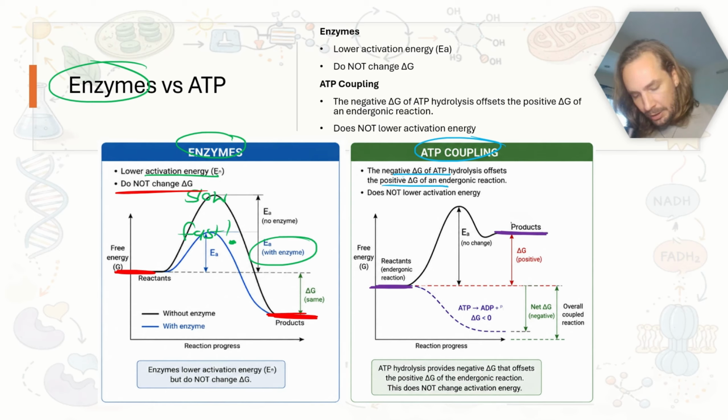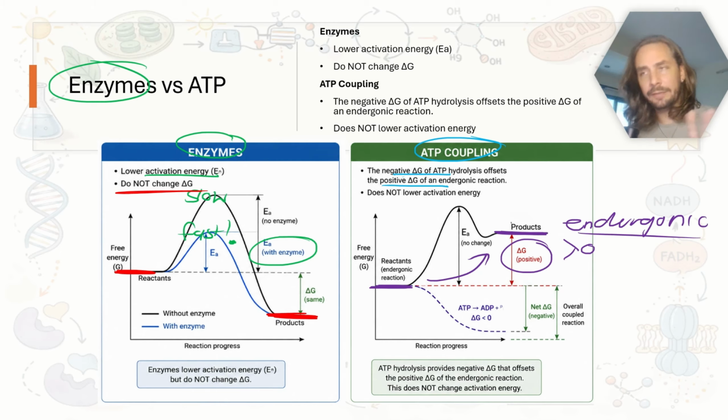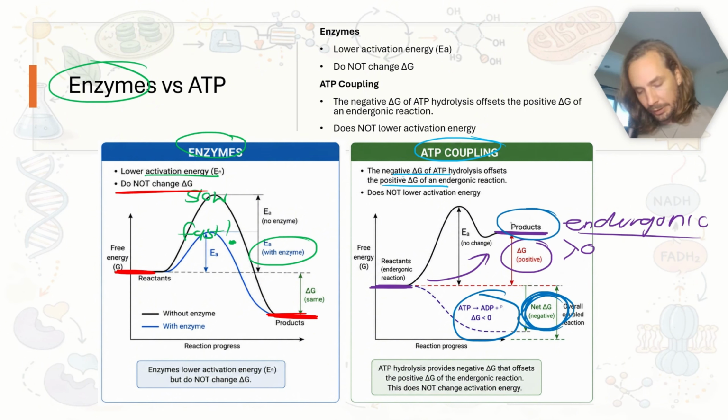To get there, I am moving uphill, so it will be greater than 0, meaning it is endergonic, not favorable, will not happen. But now, if I couple it with ATP, it becomes a net negative reaction. I still end up with the products that I want.